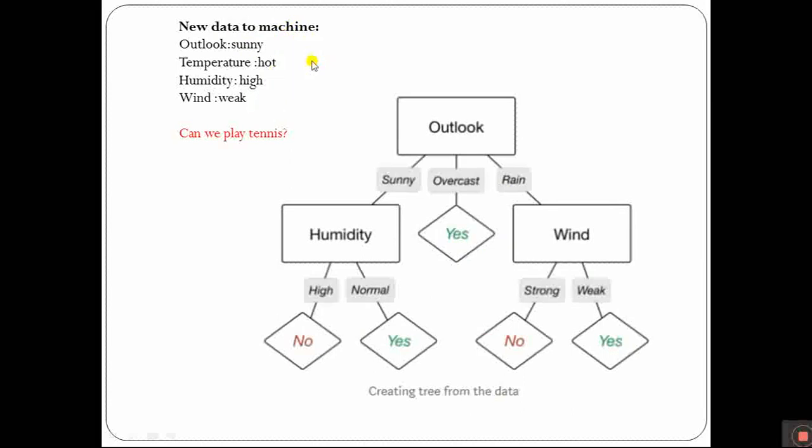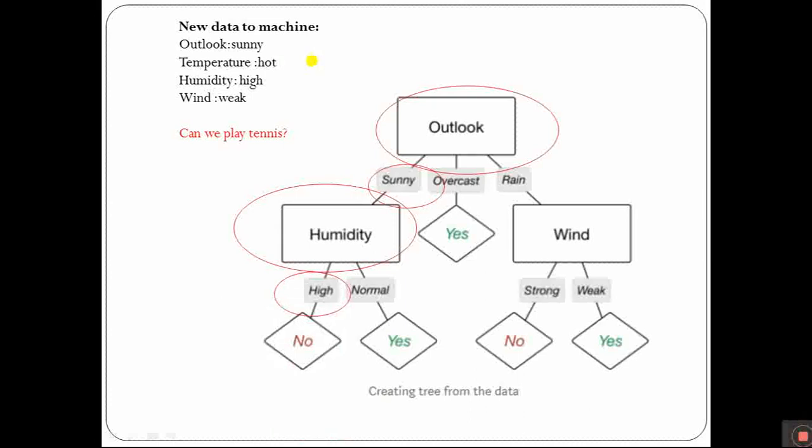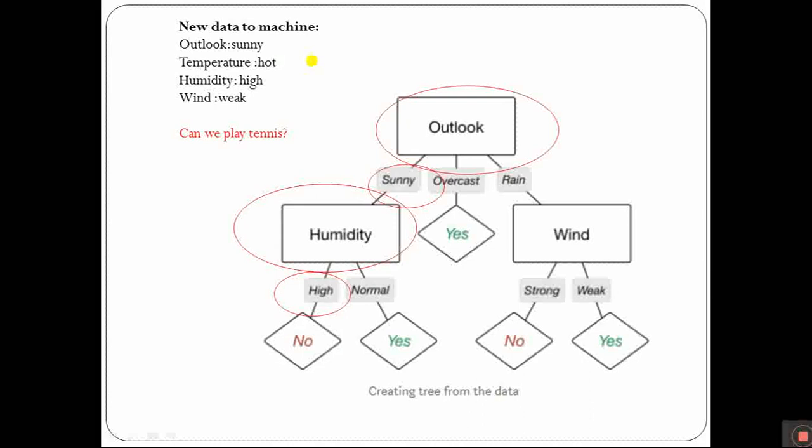From the given data, the machine will first choose outlook, then sunny, then humidity. If humidity is high, no need to play tennis. This is all about how to create a decision tree using the ID3 algorithm. Thank you.